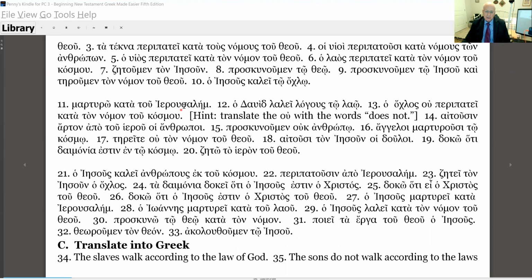But notice that I've given you some exercises here. So for example, if I gave you number 7, zeitumen ton Jesum. Okay.